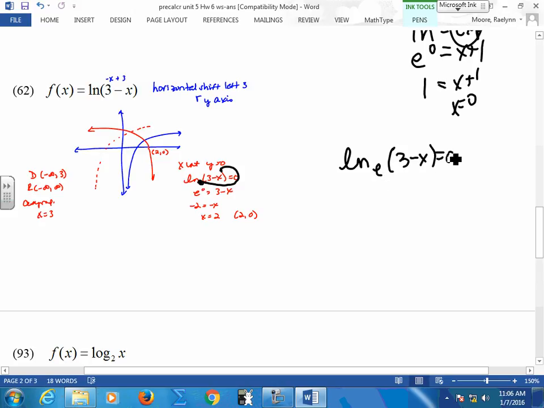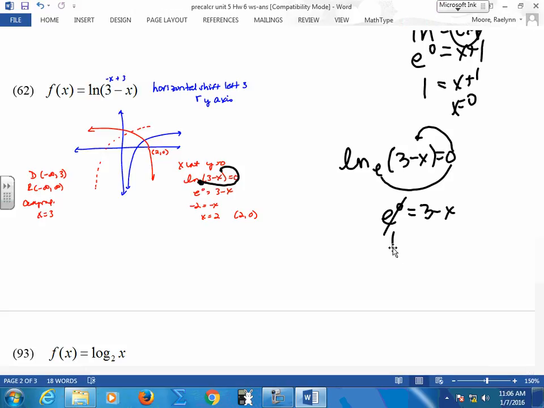Cover this up. You raise this base to the 0 equal to this. This is 1, and just solve for x. Okay. Change your asymptote. Don't forget, a horizontal shift will change your asymptote. So be careful of that.